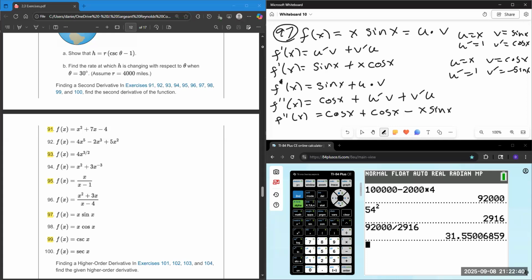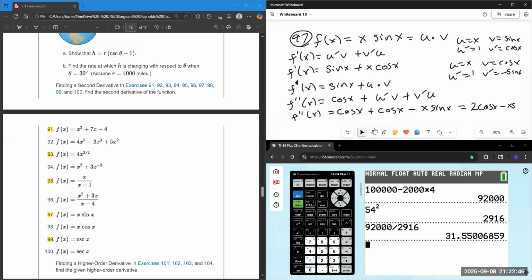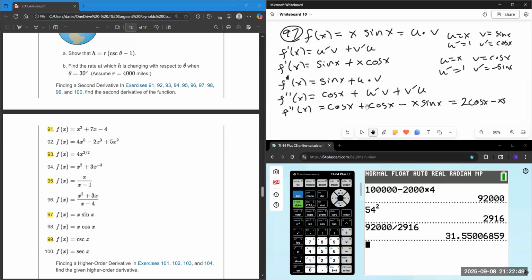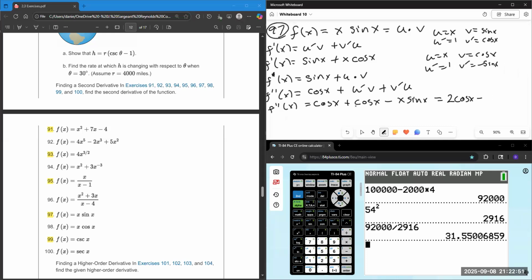So that is 2 cosine x minus x sine x. That was number 97. Let's look at number 99.